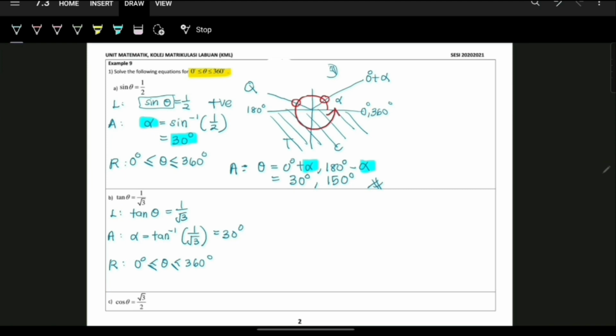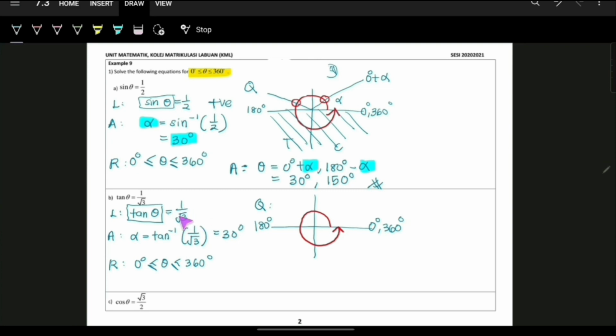Okay, and this quadrant, we have same 0 to 360. Here would be 180, and start here, move in a circle and stop here. And because tangent, we know the whole tangent is equal to positive.